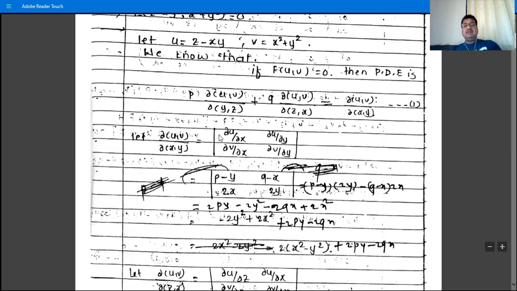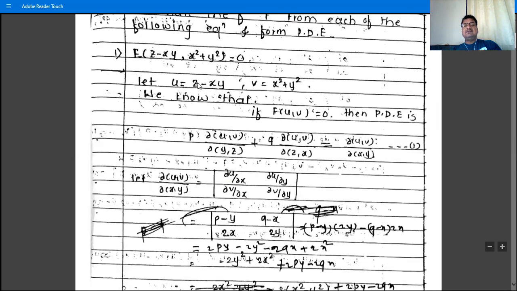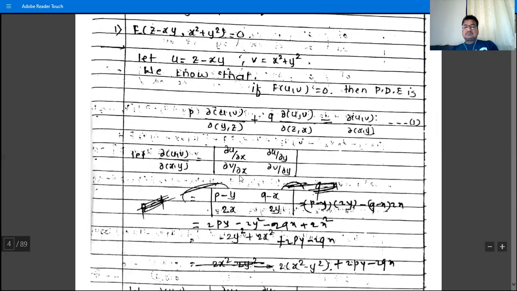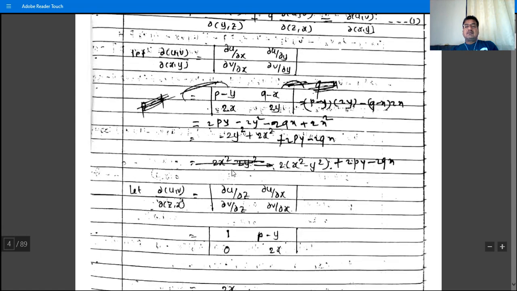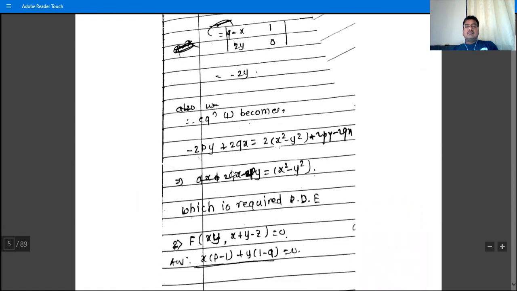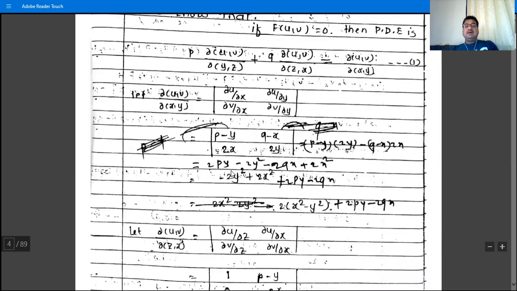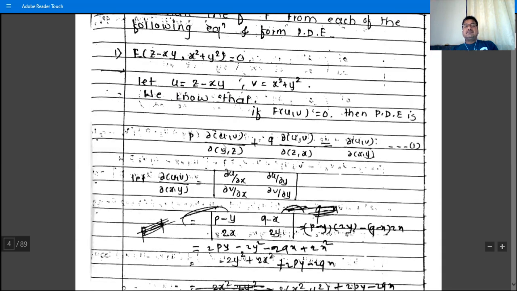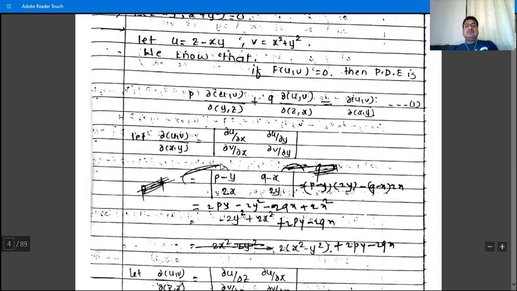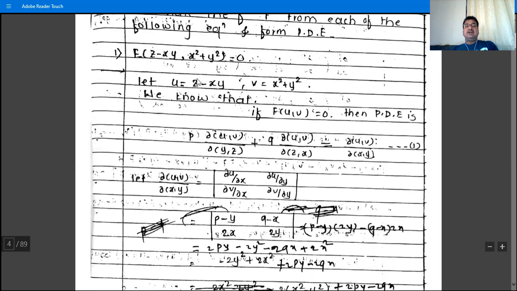And then ∂u/∂x is what? ∂u/∂x is ∂z/∂x, that is p, minus the derivative of xy with respect to x, which is y, because ∂x/∂x is 1.